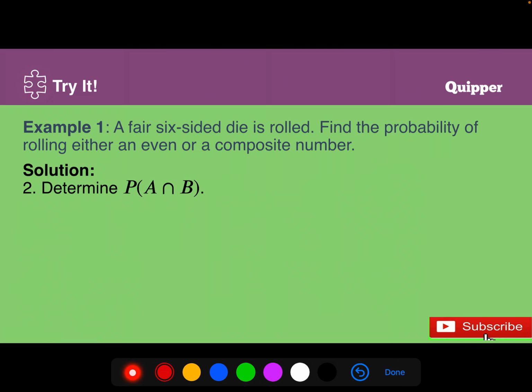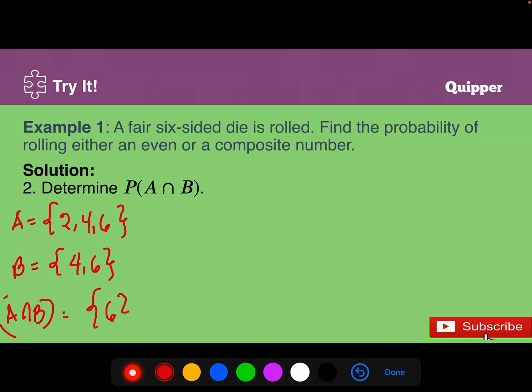Next is determining the probability of A intersection B. From there, take note again, our set A is 2, 4, 6. And then set B is equal to 4 and 6, the set of composite numbers. So our A intersection B there is only the number 6. n of A intersection B is only 1 out of 6.